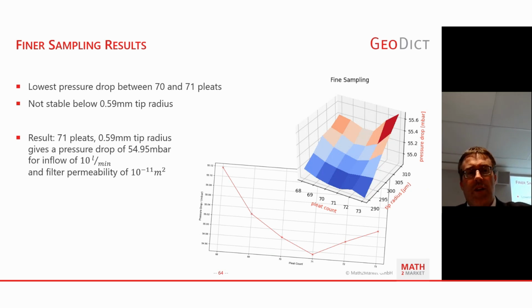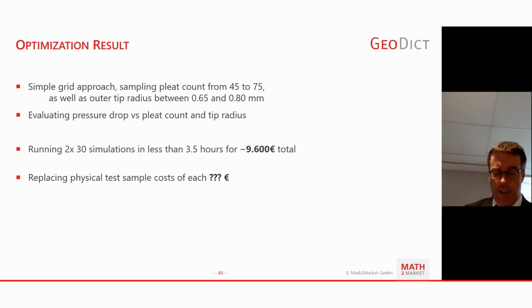So summarizing on that, we have done a simple grid approach, sampling the pleat count from 60 to 75 and the outer tip radius, evaluating the pressure drop versus the pleat count and the tip radius. We ran 30 simulations.